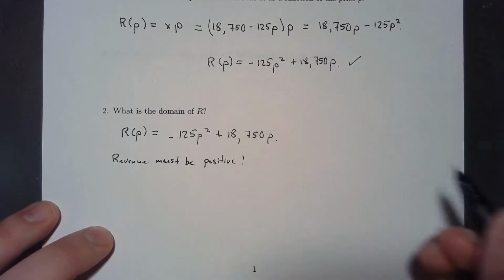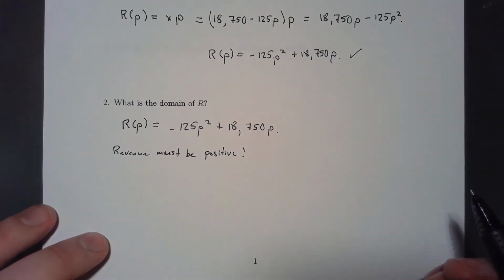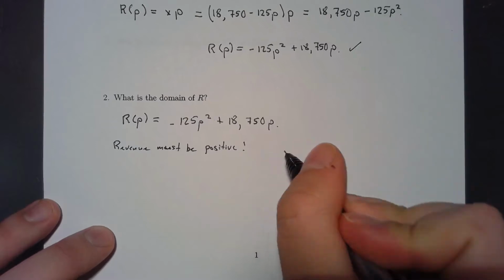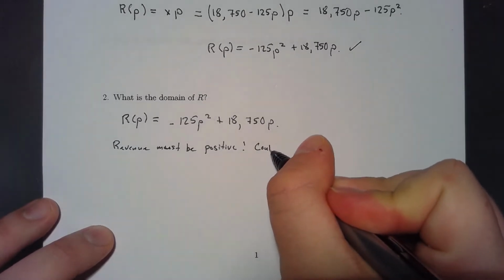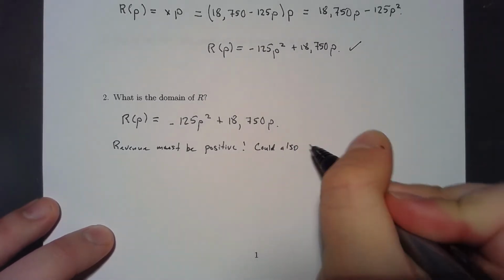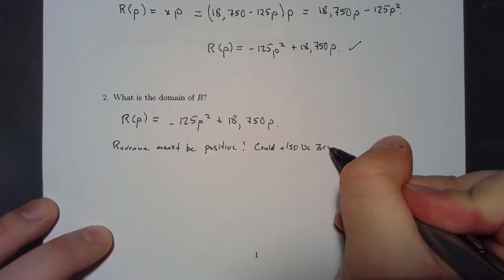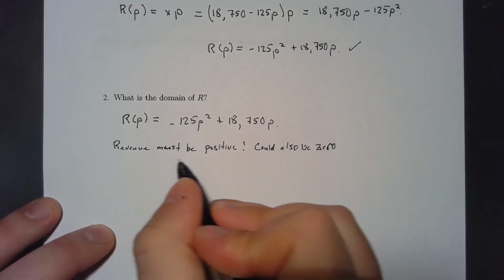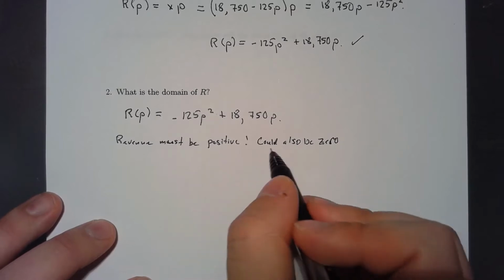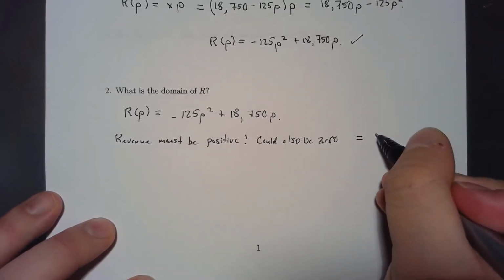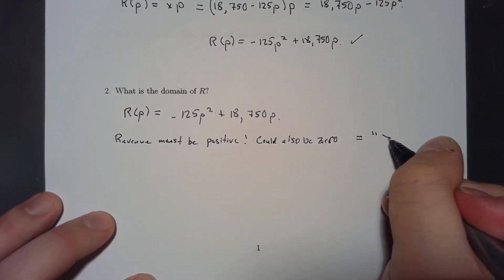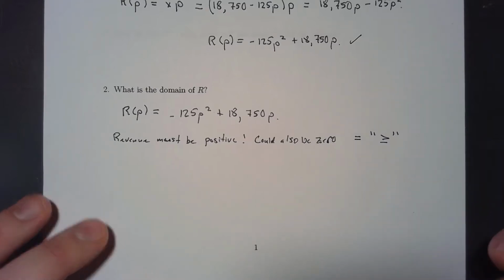It doesn't make sense for revenue to be negative. Revenue can also be 0. So this description, revenue must be positive, could also be 0, could be described as the inequality greater than or equal to.